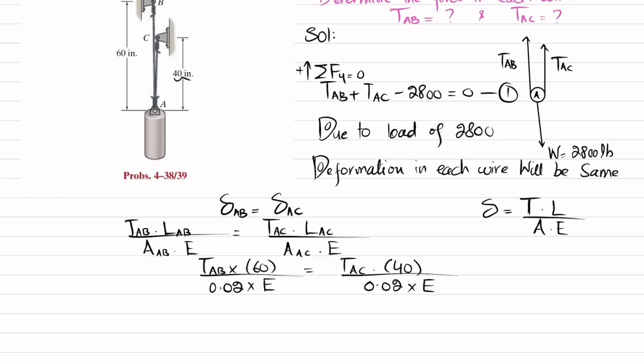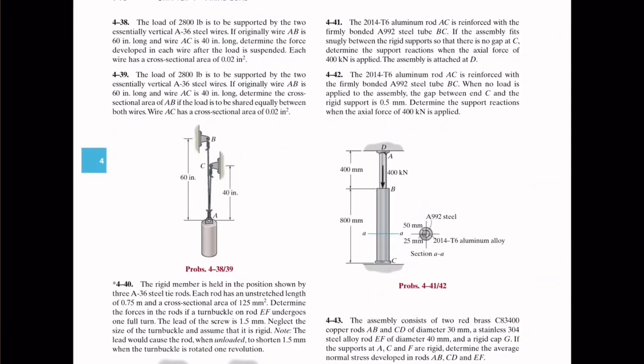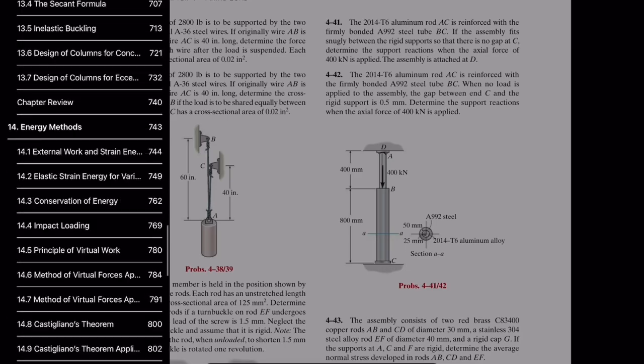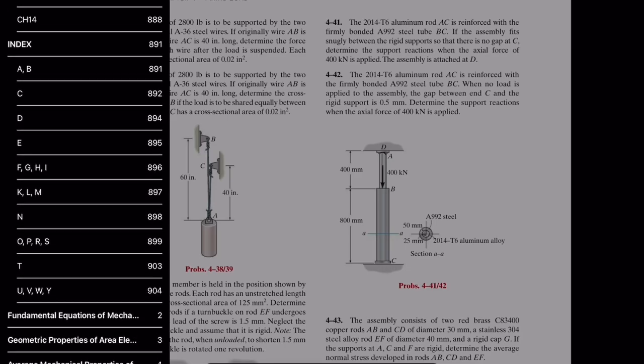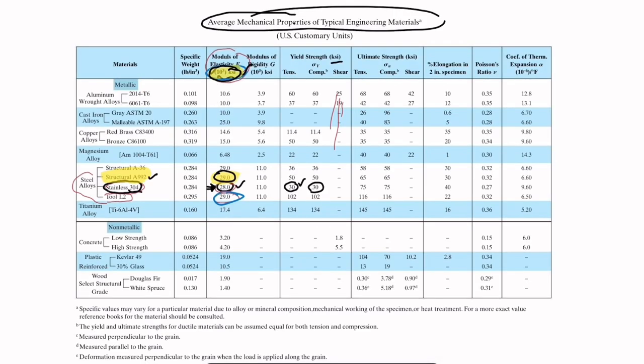So we do not know E. For A36 steel wire, you will go to the end of the book, and from the property table at the end, average mechanical properties in US customary, you will check A36.